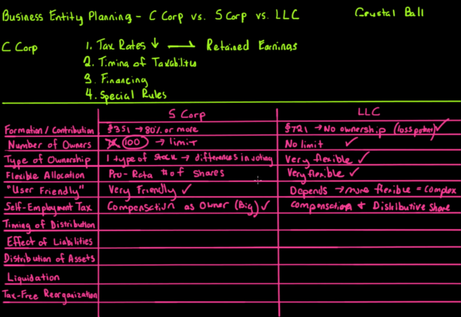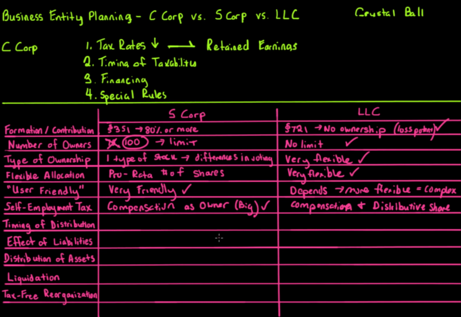All right. So timing of distributions. Let's say that a business entity is going to distribute twice during the year, on June 30th and December 31st.